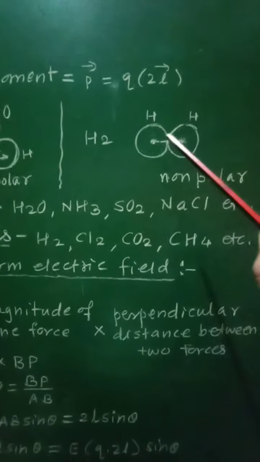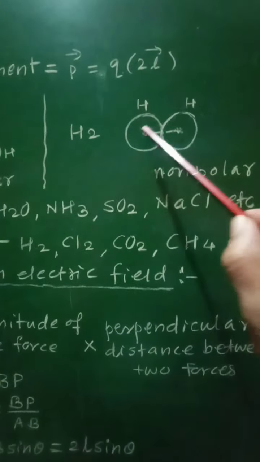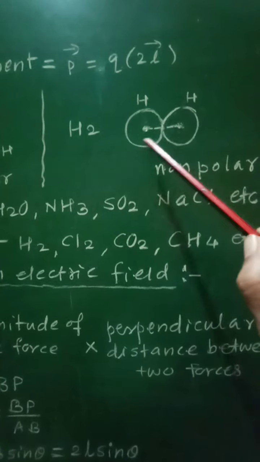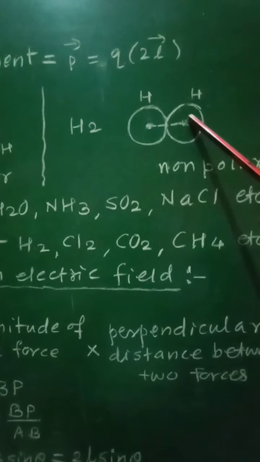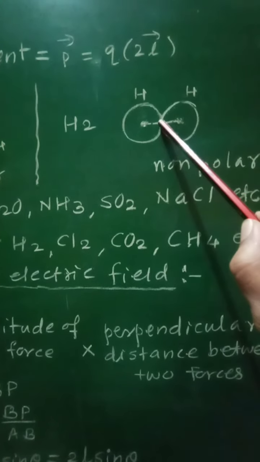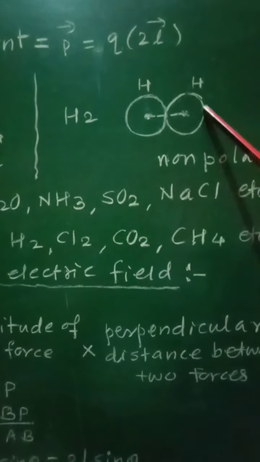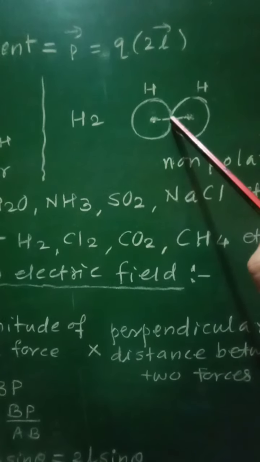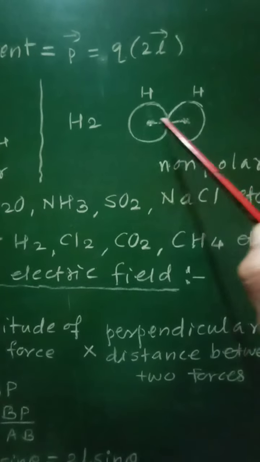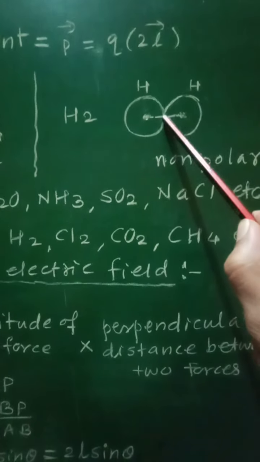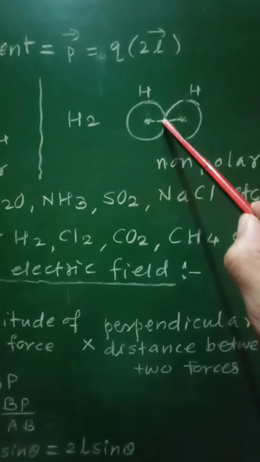For example, if you consider a hydrogen molecule, it will contain 2 hydrogen atoms. Now the center of positive charge for these 2 atoms will lie at its center. Similarly, the center of negative charge for these 2 will again lie at the center of the line joining the centers of these 2 atoms, and therefore at a single point the center of positive charge and center of negative charge will lie.